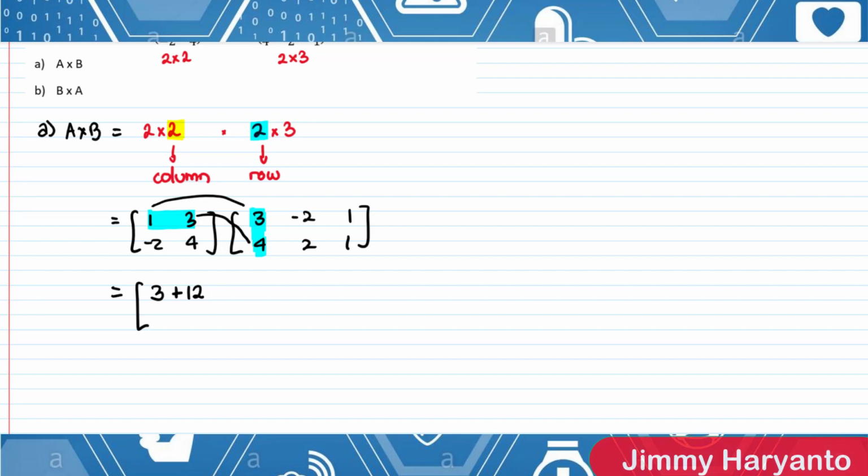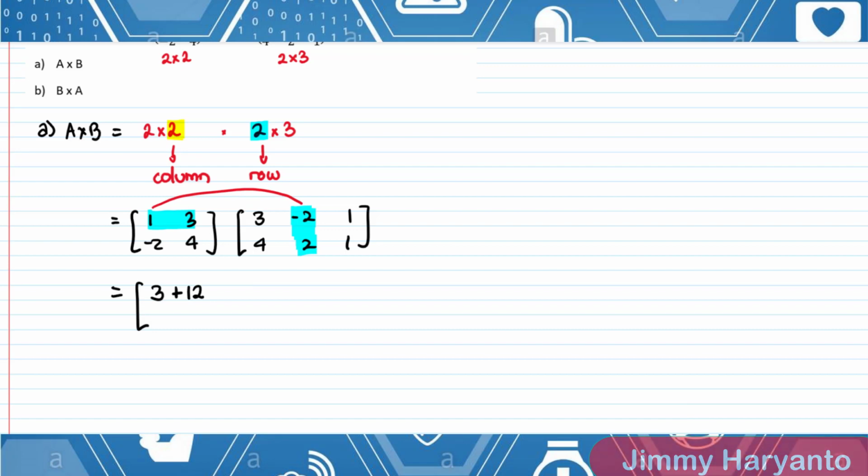That is called the row times column method. And then after that we move the column. The second step is we move to the second column, and we multiply them one more time.